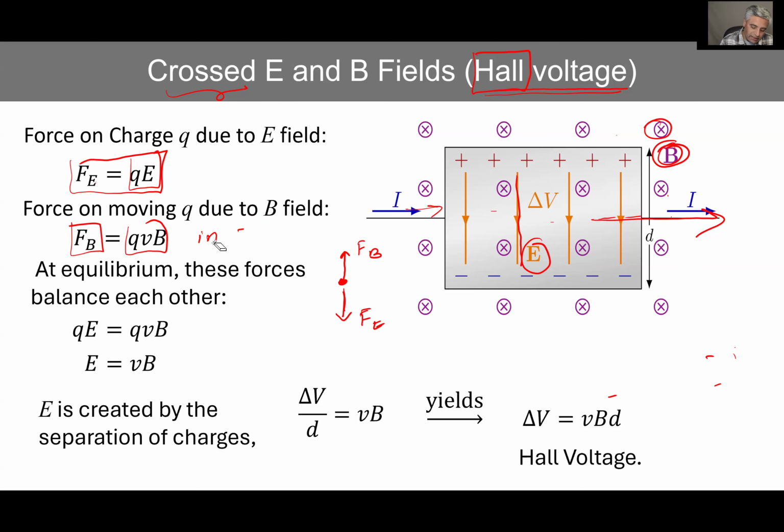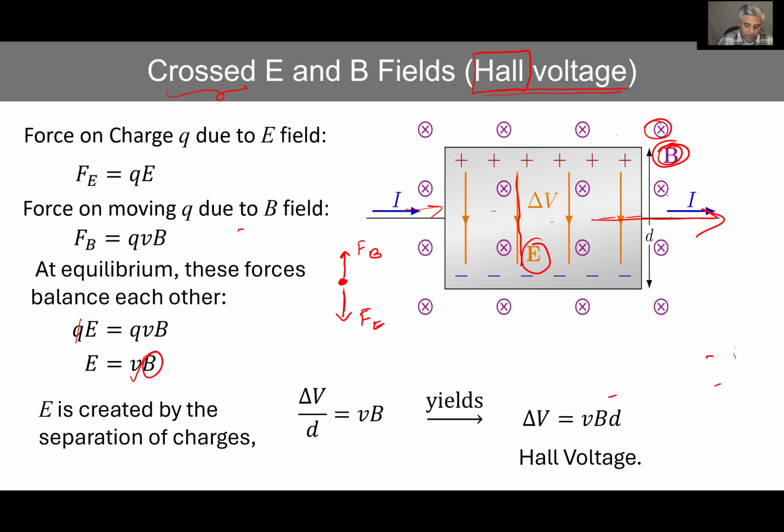So I'm writing it like that, okay? When these charges are in equilibrium, the forces are balanced. One force is balancing the other, so they are equal. Now we can cancel the charge. And this gives us a relationship between this developed electric field, the applied magnetic field, and the speed.